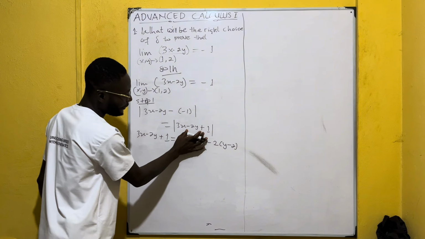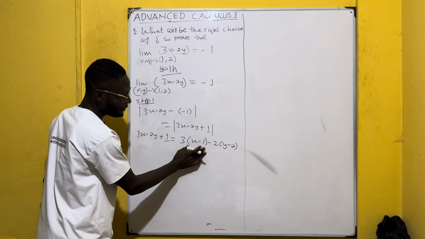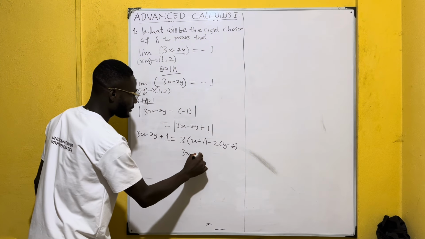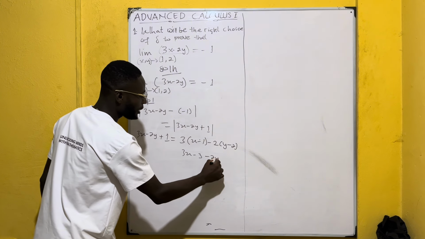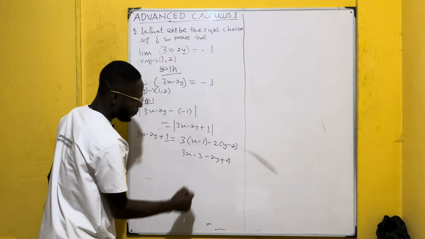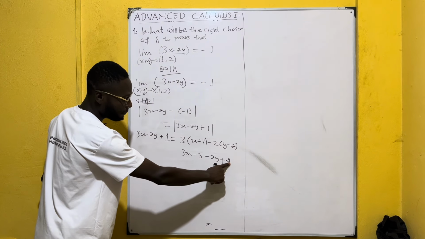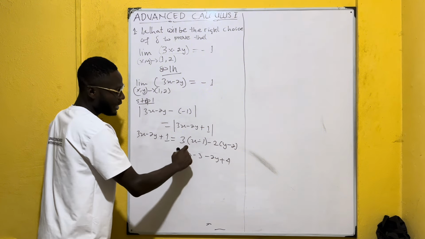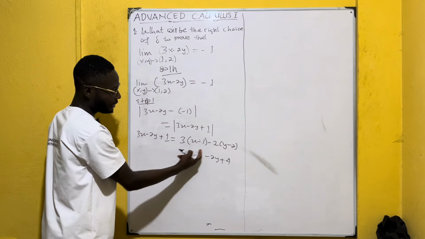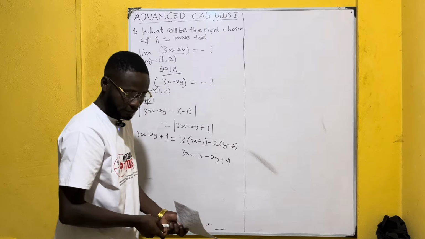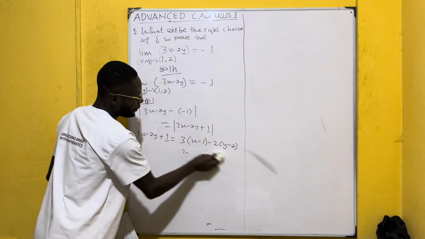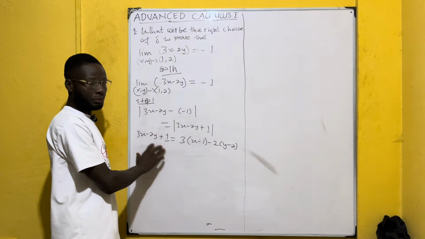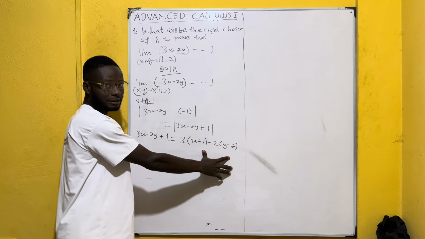This expression is the same as the previous one, so let's expand it. To expand, you have 3x minus 3 minus 2y plus 4, plus 1, and you get your expression back. So that is basically what we have to do: we rewrite this expression as that.